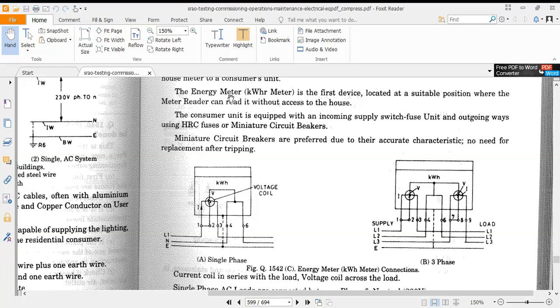And see these energy meters, generally kilowatt hour meters, they are called kilowatt hour energy meters. They are a kind of recording instrument. There are three types of measuring instruments.